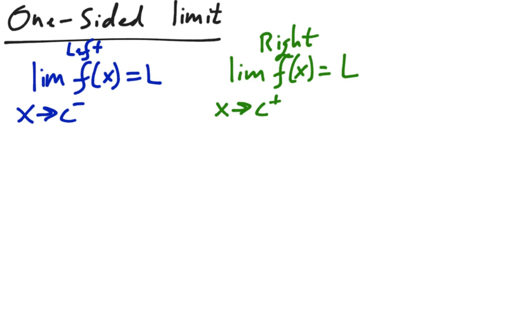The only difference is, notice, there's a minus sign above the C, or a plus sign above the C. That's the only difference between a regular limit and a one-sided limit. And so a left-sided limit, you're approaching C from the negative side of C, from the left, and a right-sided limit, you're approaching C from the right side or the positive side of C.